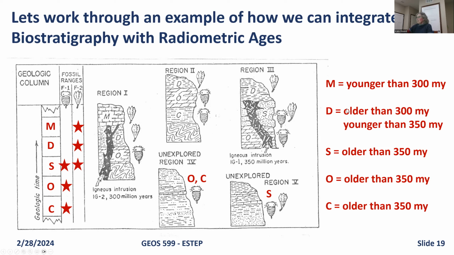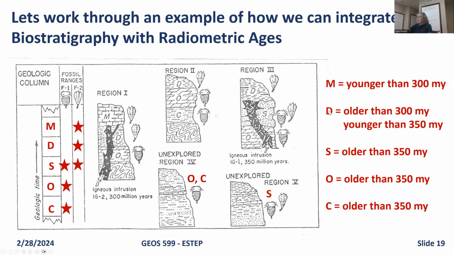Unit D is really interesting. So let's go to region 3. Here, the 350 million year old intrusion does not intrude D. But over in region 1, the 300 million year old intrusion does.